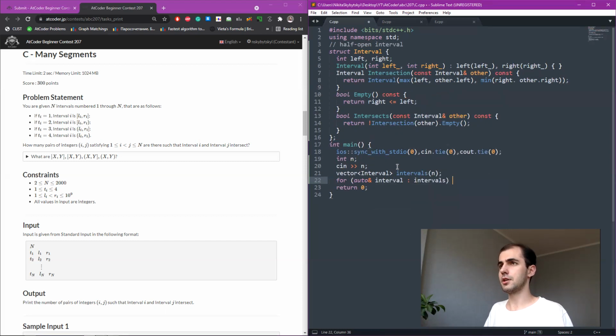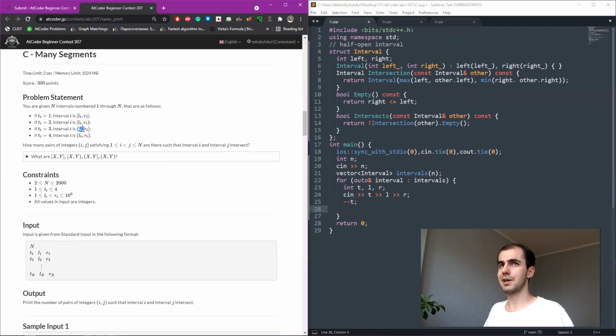So I loop over all intervals and I say, okay, I have a type, I have left, I have right. I'm going to read them, and now let's see. We want to convert left to what? Just for convenience, subtract type so that there are 0, 1, 2, 3. Then left has to be incremented by 1 if t stores 3, that's it.